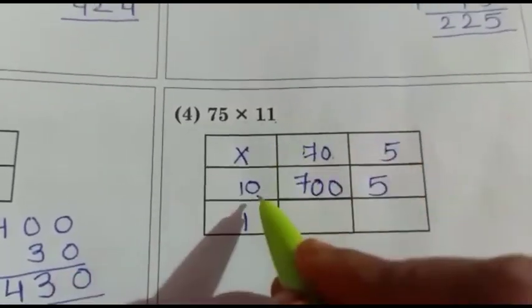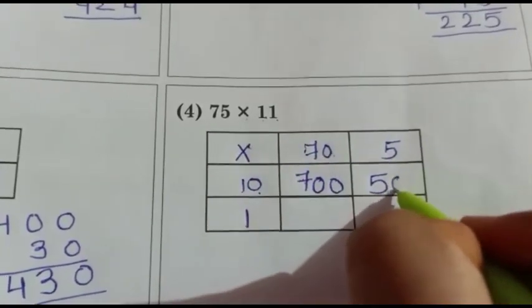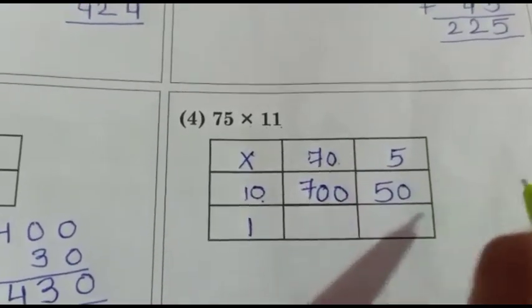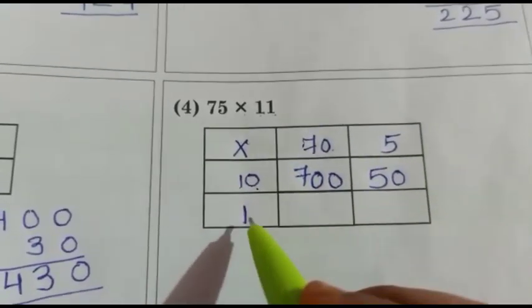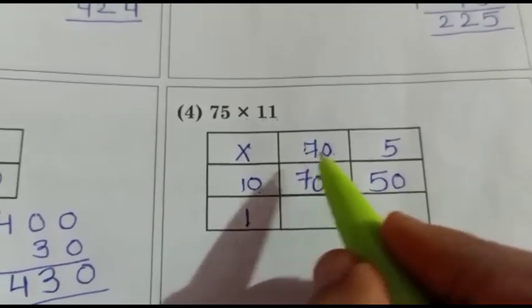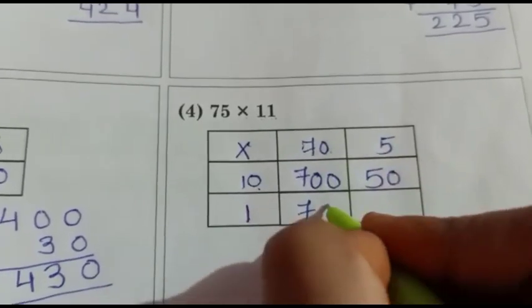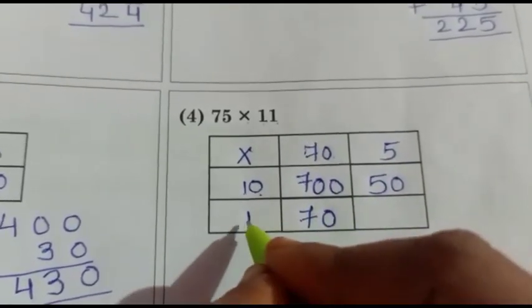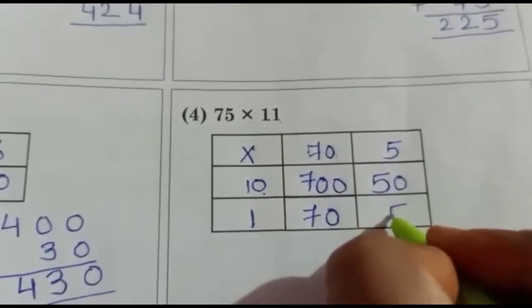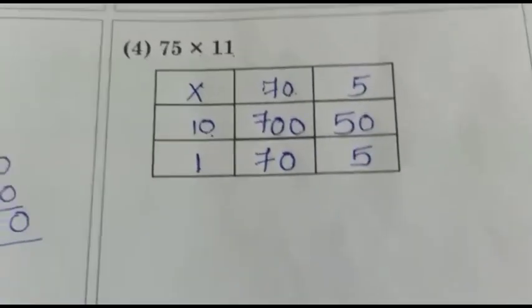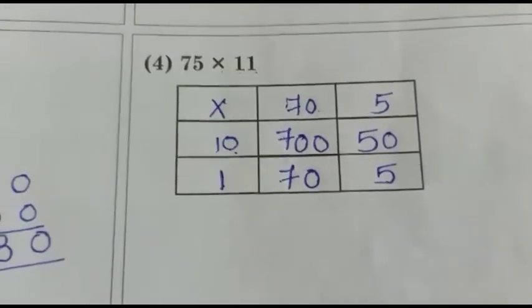So here it is 1 0, so that 0 you will write here. There is no 0 here, so you will not write anything. Now next number is 1. 1 7s are 7. Here it is 1 0, so that 0 you will write here. And 1 5s are 5. Okay, in this way you have done the multiplication.